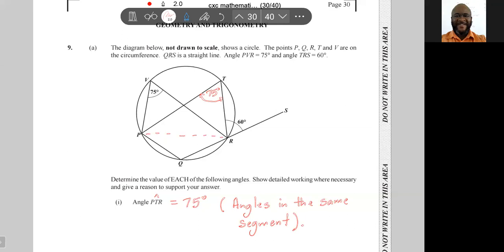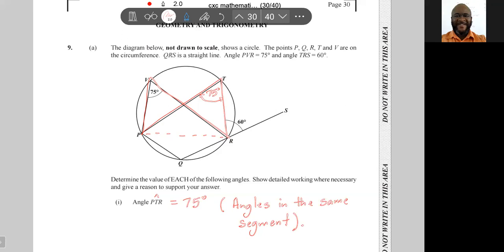For angles in the same segment, both start at P and end at R, and both are formed at the circumference in the same segment. When you have an arrangement like this, the angles formed at the circumference in the same segment are equal.